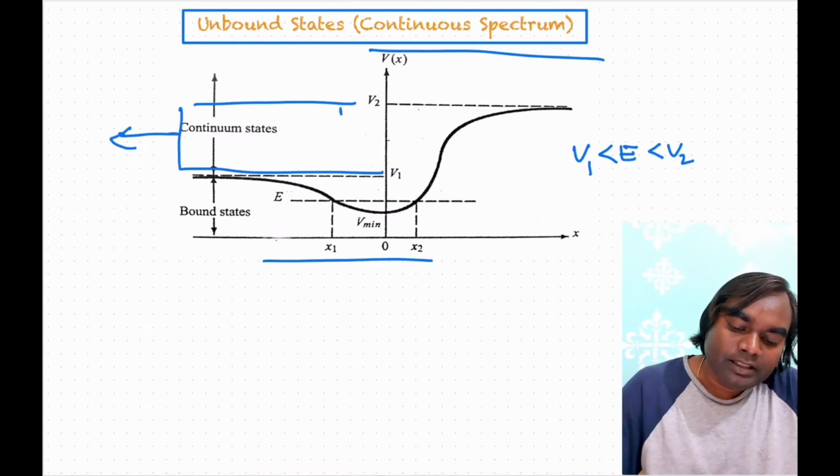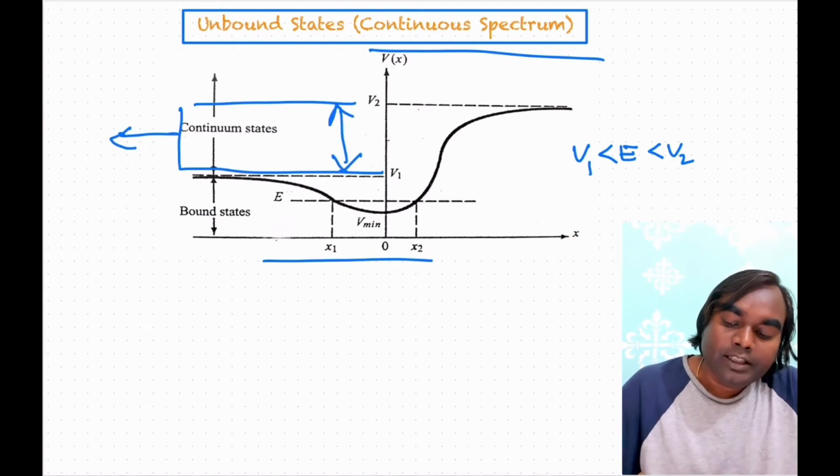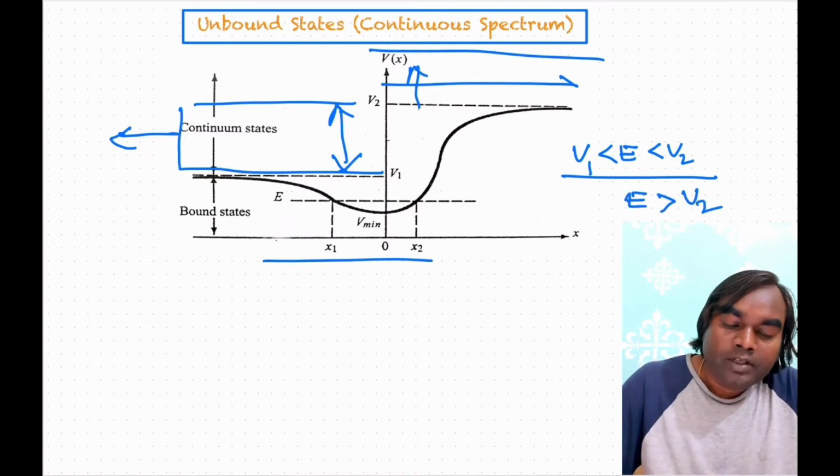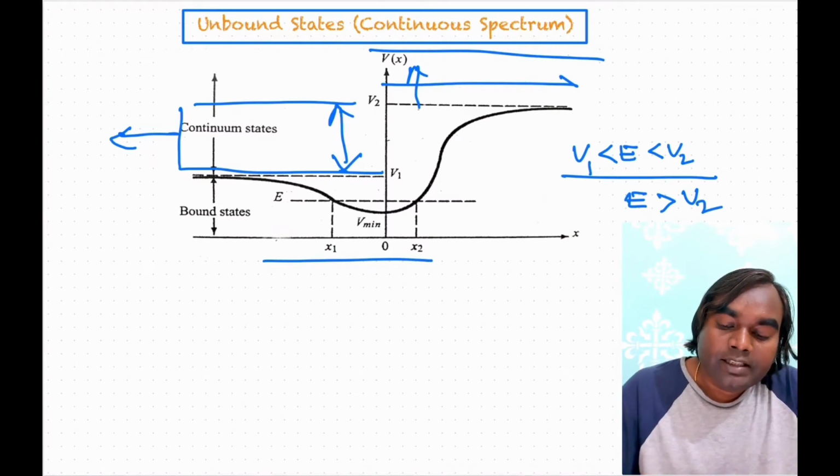So in this range, the particle is free to move, and also in this other range the particle is free to move. So these ranges make the system an unbound state.